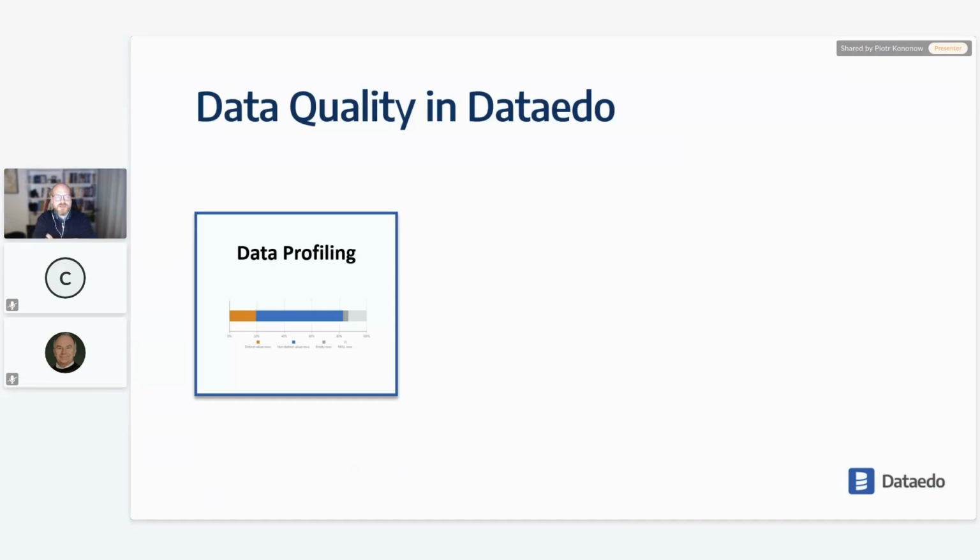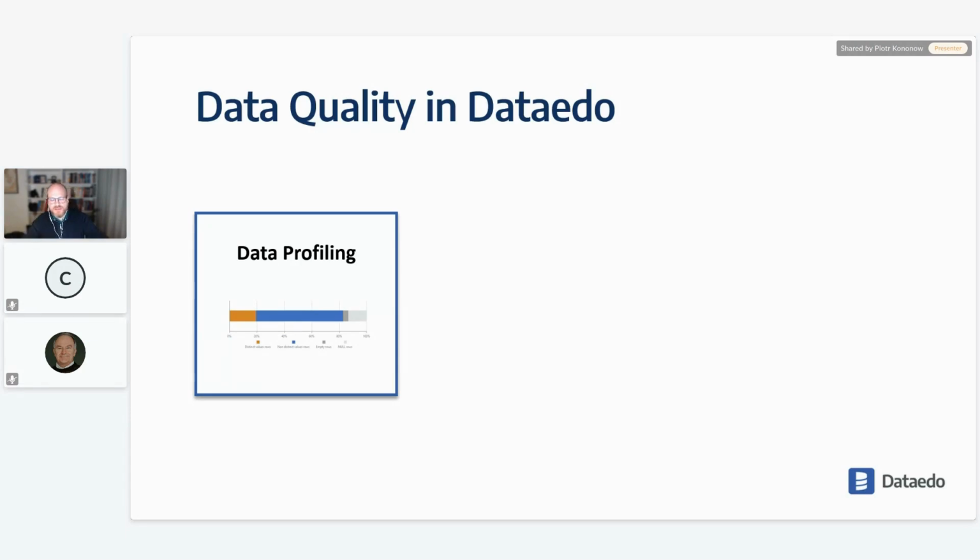All right, so data quality. Data quality can mean quite a few things to different people, and different vendors call quite different things data quality. One of the functionalities that we already have in Dataedo, and have had for a few years, is data profiling. You might be aware of data profiling. If you're not, you should check it out.